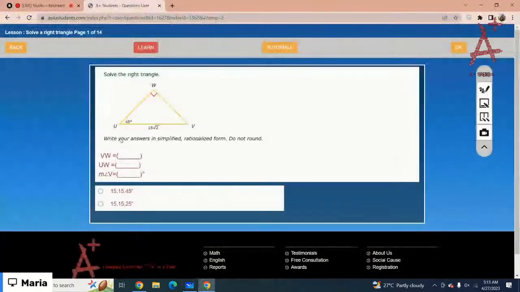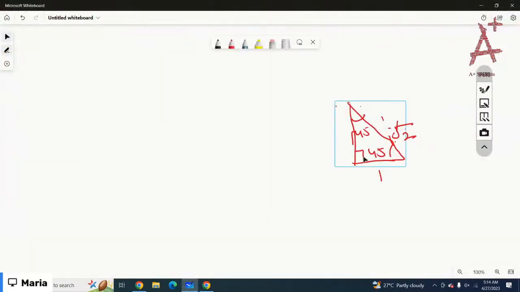So we have to calculate angle V. Cos 45 equals VW divided by VW. Got it? So it would be then cos 45 equals sine 45 equals 1 over square root 2.